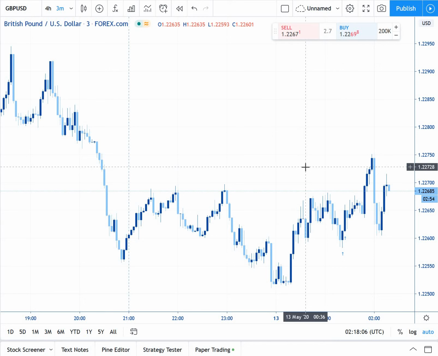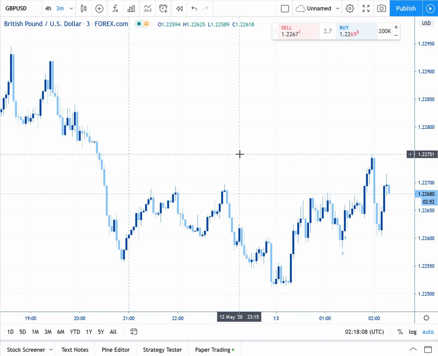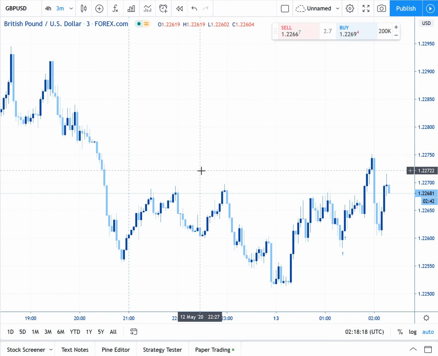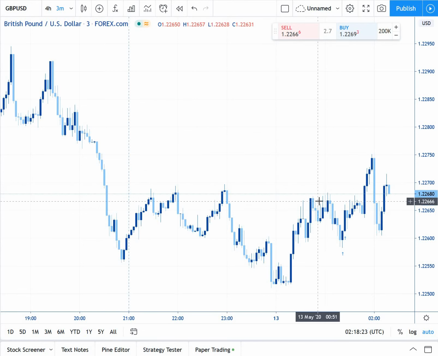Went back up. This is really a telling point. Here is the decisive moment whether price is going to continue up or not. But I'm confident it's going to go up. Pause the trade, get back to you later.